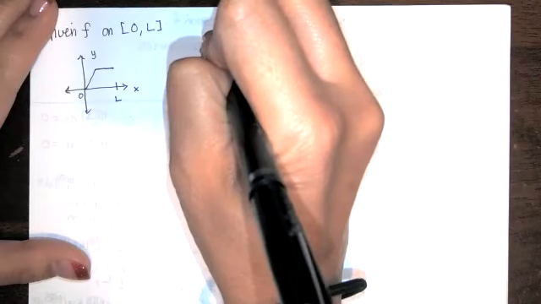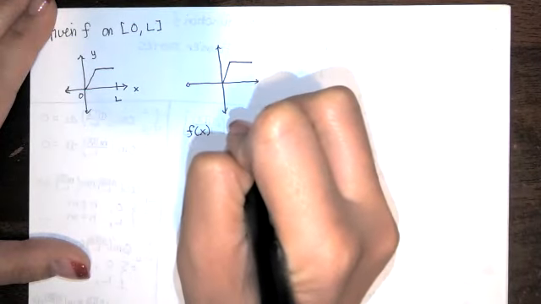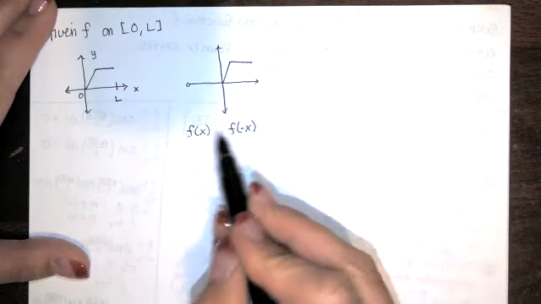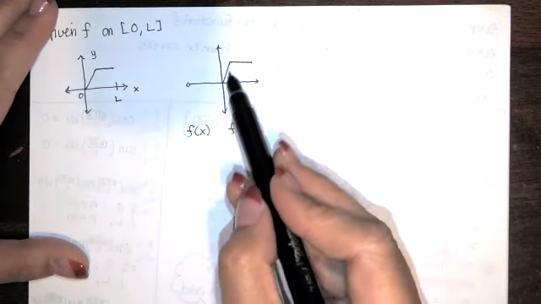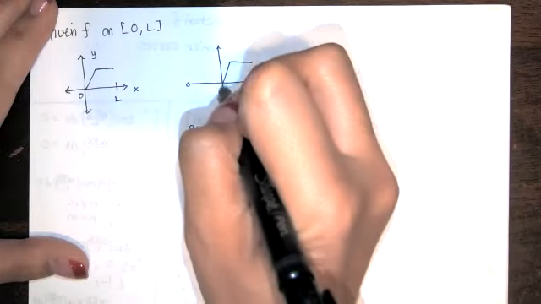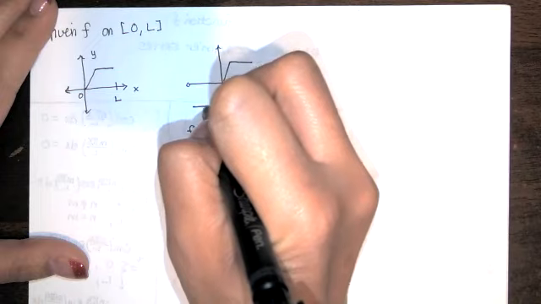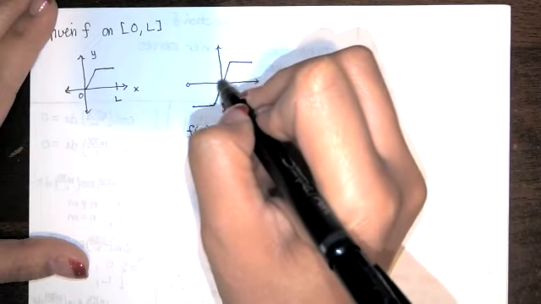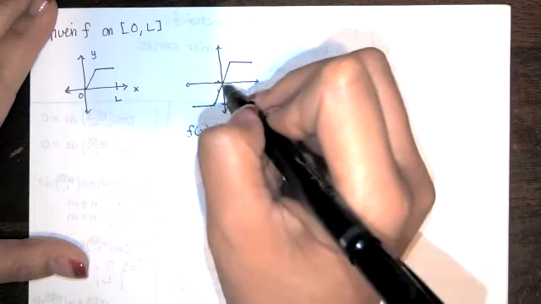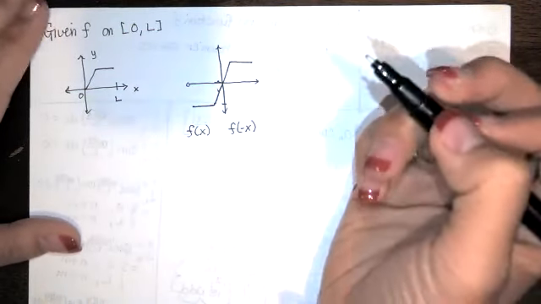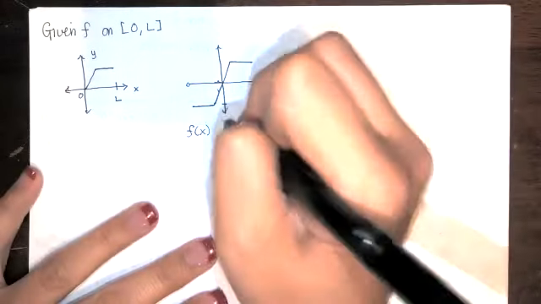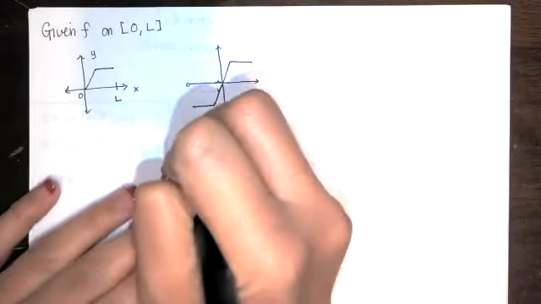Now, if I want to create an odd extension of this, I want the y values when x is equal to negative x to be the opposite of the y values on this side. So if this y value is 1/2, I want this y value to be negative 1/2. If this y value is 1, I want this y value to be negative 1, and so on. And so this would be my odd extension of f.